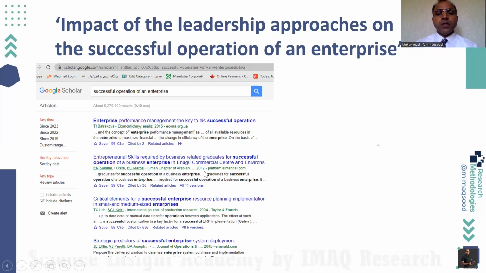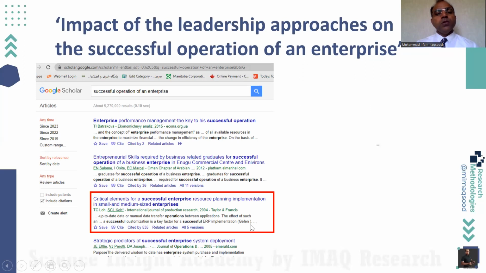Published in 2020, cited by 36, published in 2004, cited by 535, and so on. With the passage of time, when you do one search, two searches, three searches, you also find the highly cited papers, which indicates the importance.